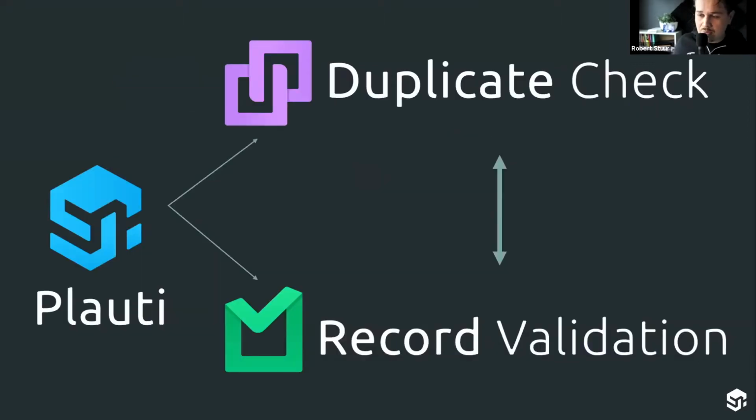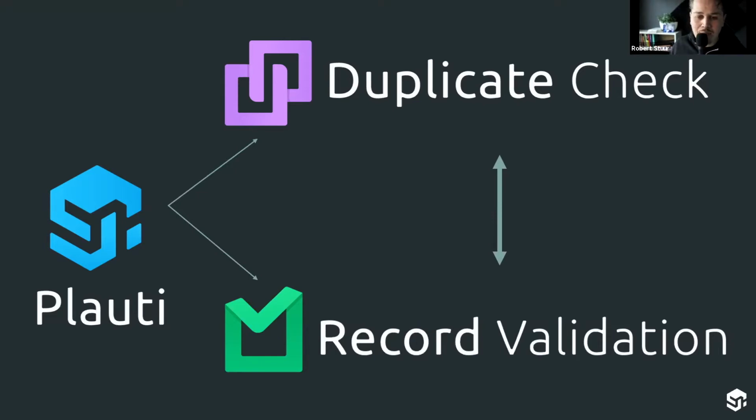As we mentioned before, we have two solutions: Duplicate Check and Record Validation. Duplicate Check deduplicates data inside of Salesforce, and Record Validation validates phone, email, and physical addresses. The apps can work as standalone solutions, but there are also several use cases where they combine, and they make for a really great combination, so you can deduplicate and validate the data at the same time.